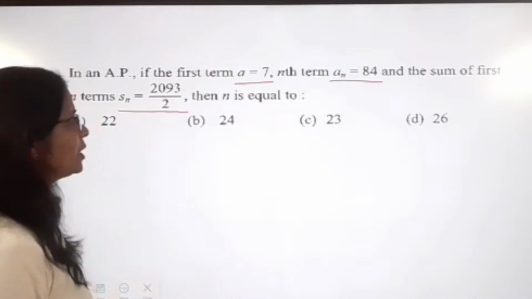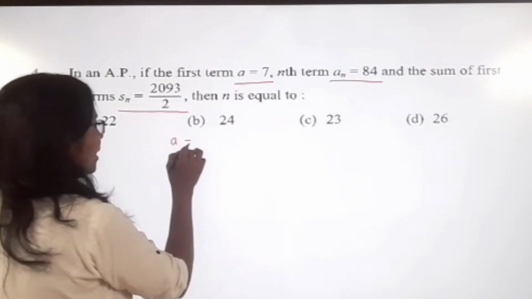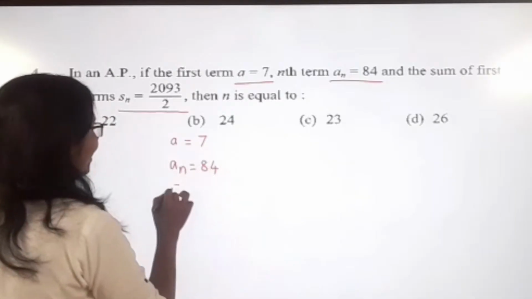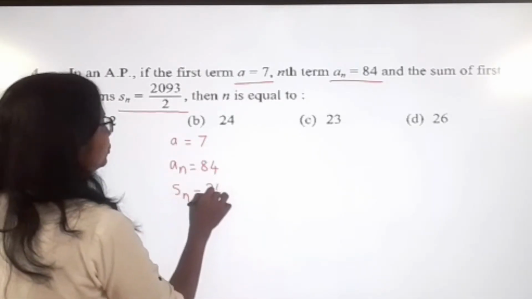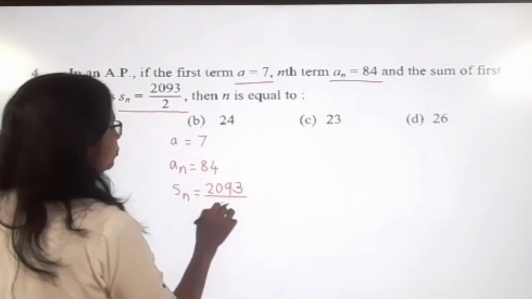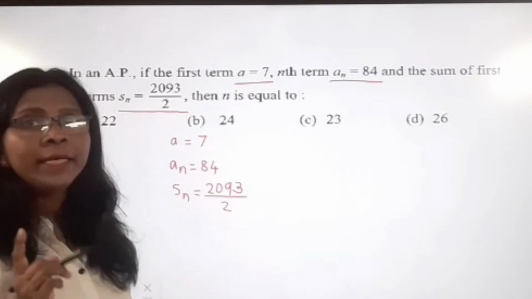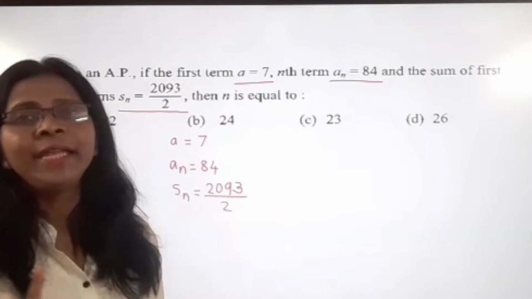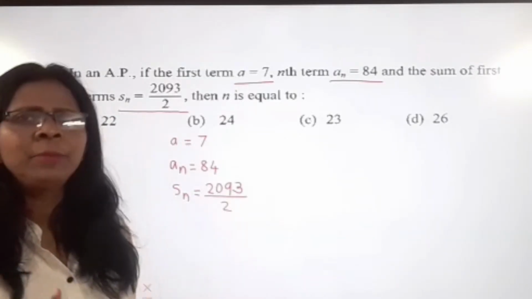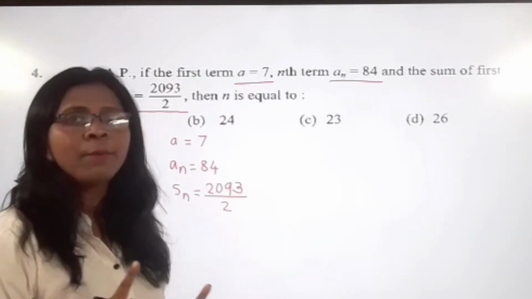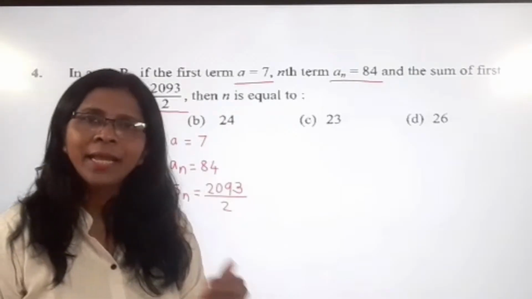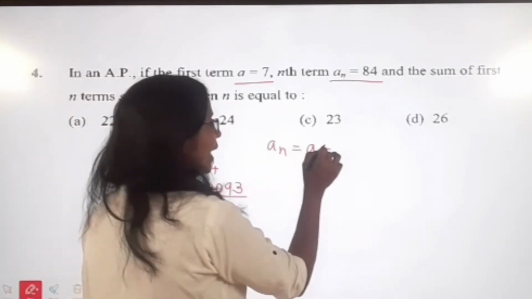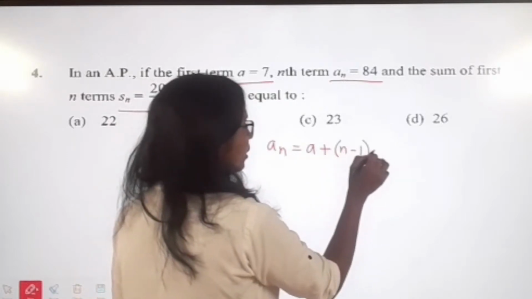Now, students, the given values are a is equal to 7, an is equal to 84, and Sn is equal to 2093 upon 2. The given value is an is equal to 84, so I use the formula for an. What is the formula for an? That is a plus n minus 1 d.